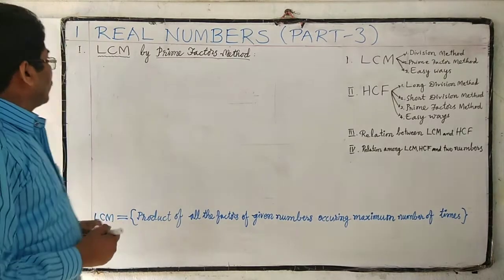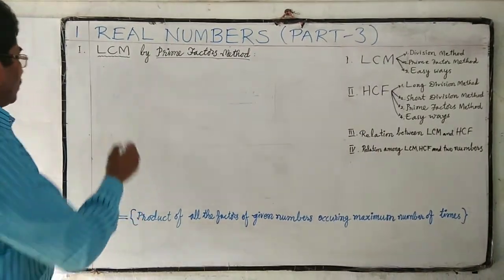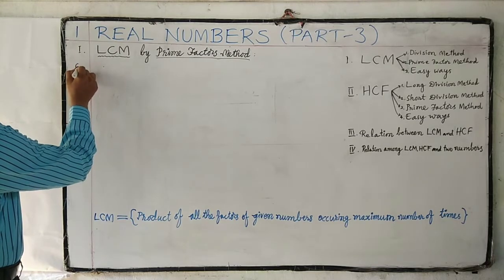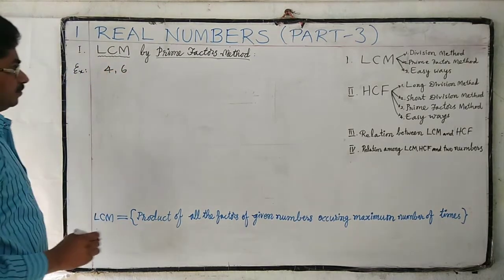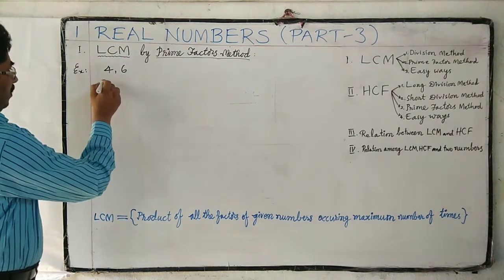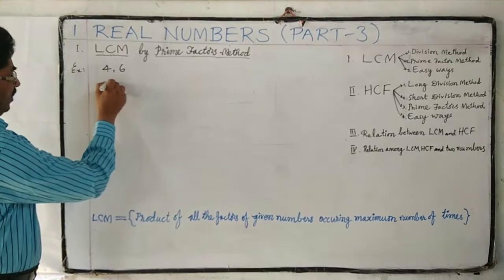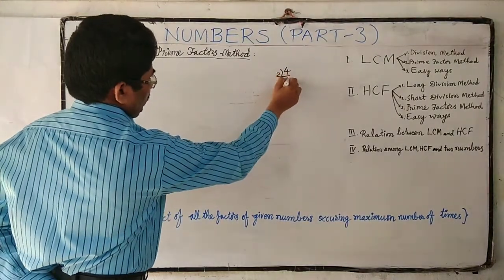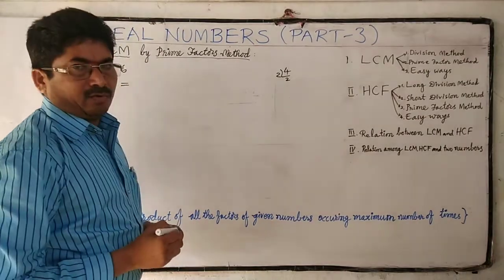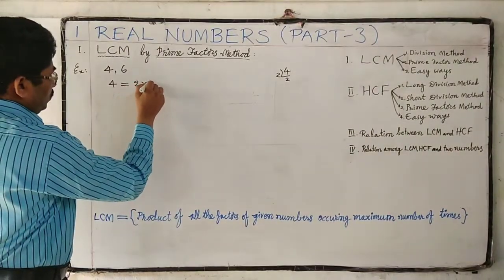Next, LCM by prime factors method. Example 4, 6. Prime factors of 4. 4 is equal to 2 2s. In this we have to take only primes.